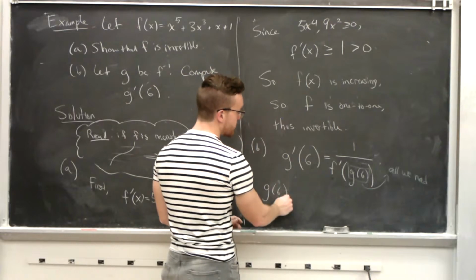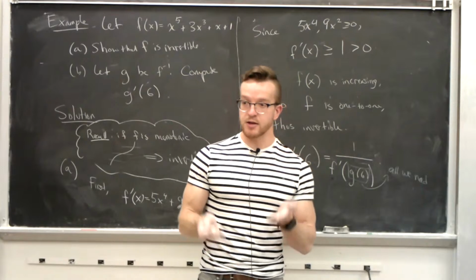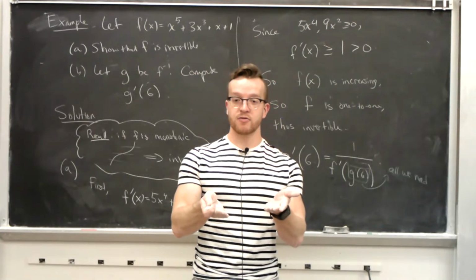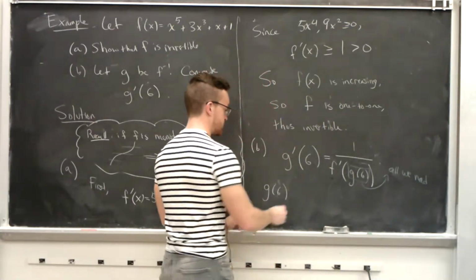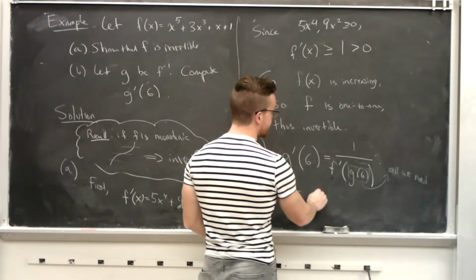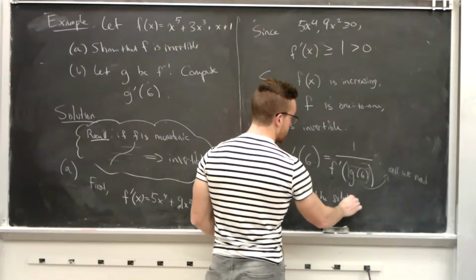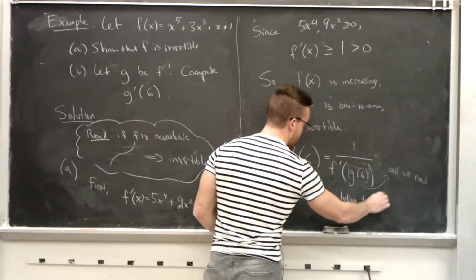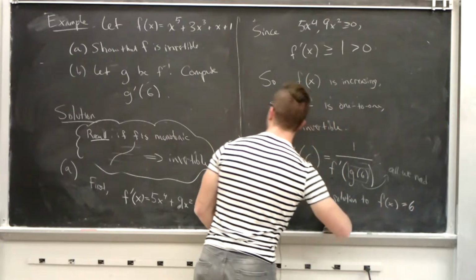G is the inverse of f. So g of 6 is the thing that you feed to f to get 6. In other words, g of 6 is the solution to f of x equals 6.